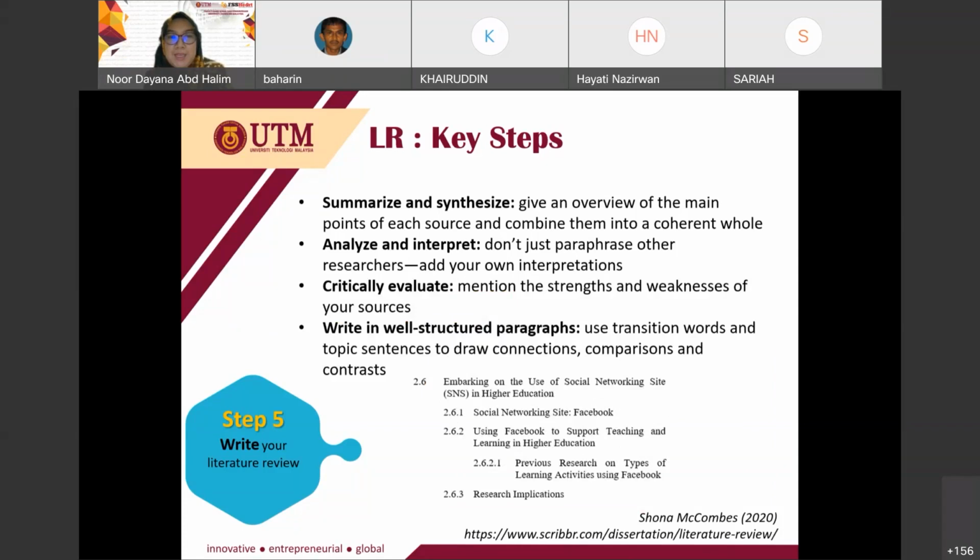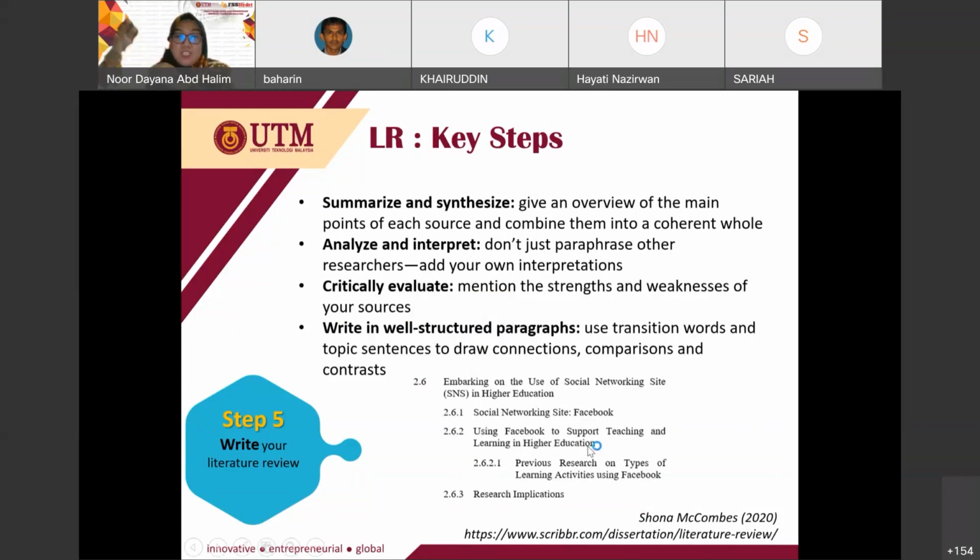Embarking on the use of social networking sites in higher education. You can see here first is 2.6.1, social networking site Facebook. So 2.6.2 also relates to the first one, using Facebook to support teaching and learning in higher education.